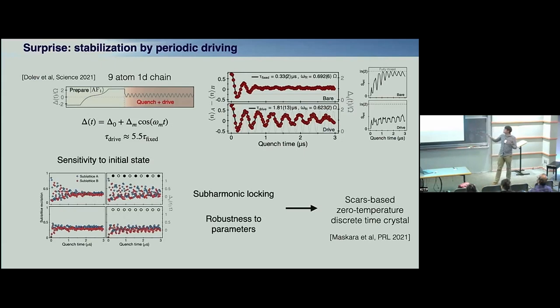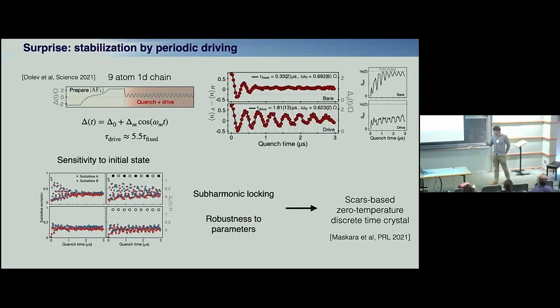So you see that this driving is not that it did something trivial to your system and now you broke down thermalization completely, but you see that, let's say, the Néel state is enhanced, and if you look at the zero state, it's not as enhanced by driving. So phenomenology also shows that there is subharmonic locking, so you see that the system responds at every other period of your driving, right? And there would be robustness to parameters that I don't have time to show.